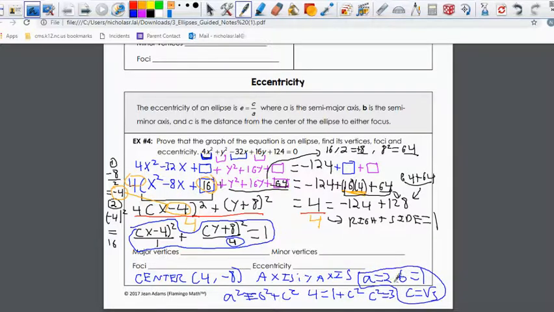That gives us all the information we need to fill out this information right here. Our major vertices are going to be the center plus or minus, with the 4 being fixed and that -8 being plus or minus a. So that's going to be 4, -6 and 4, -10.